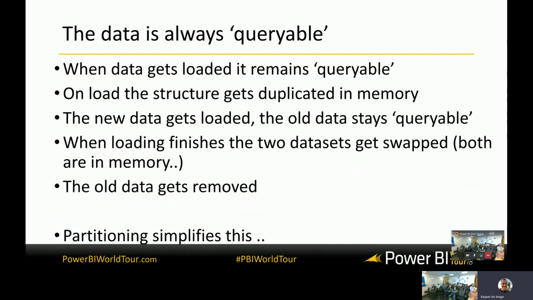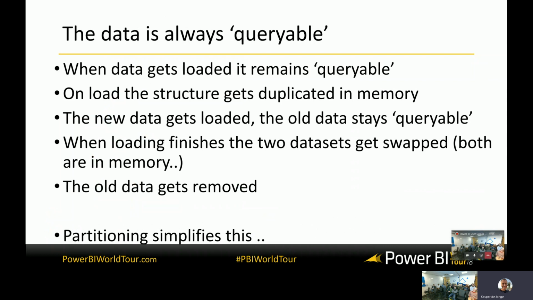We don't want that. So what we do is when we load data into the engine, we create a duplicate structure in memory. The new data gets loaded and the old data stays there to be queryable. When loading is finished, the 2 data sets get swapped. Now both are in memory at this moment, and then the old data gets removed.